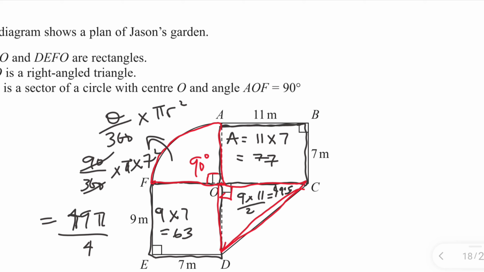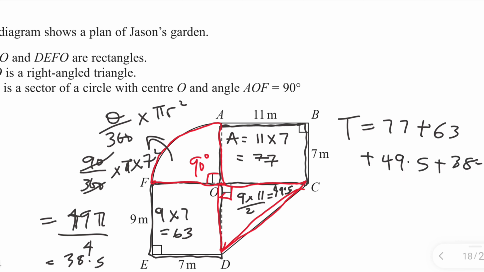So let me put that on the calculator. 49 pi over 4. That gives us, to 1 decimal place, 38.5. So adding up everything, the total would be 77 plus 63 plus 49.5 plus 38.5.